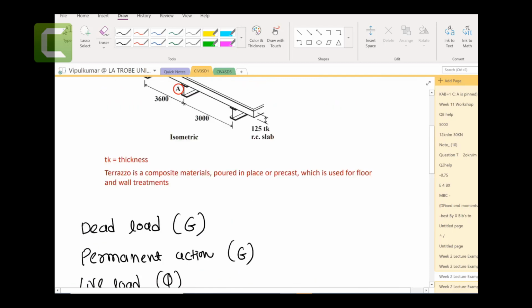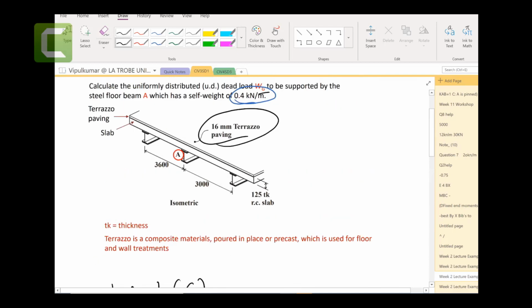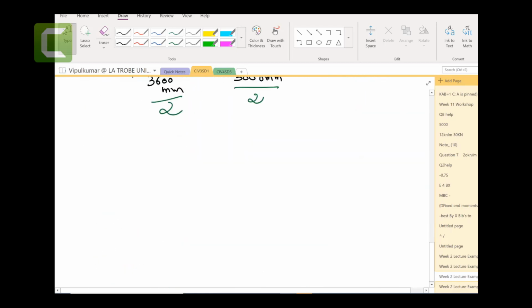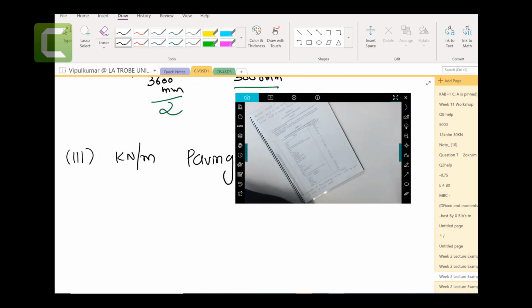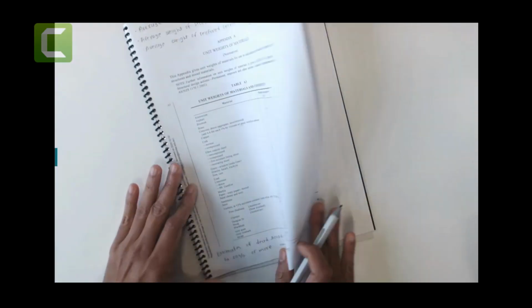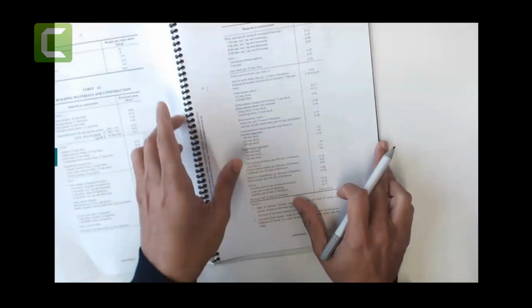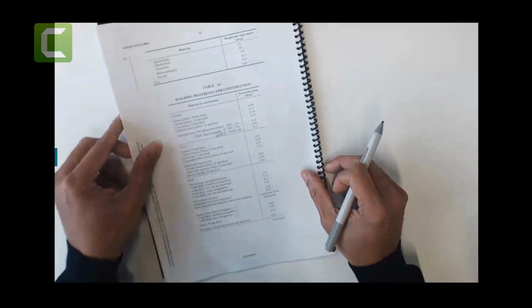The third component that we got is paving, 16 millimeter paving. Third one, we need to calculate in kilonewton per meter paving, and that is 16 millimeter thick. Okay, let's go back to the standard and find something. So here, this is the floor materials.